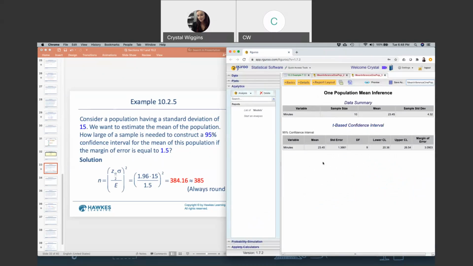One thing you're going to need to know if you're using the table, or even if you're using the calculator, you do need to know the area in the left tail. So let me give you a visual of what you need to know in order to do these calculations. So we have a standard normal curve. Remember, the confidence intervals are always in the center.